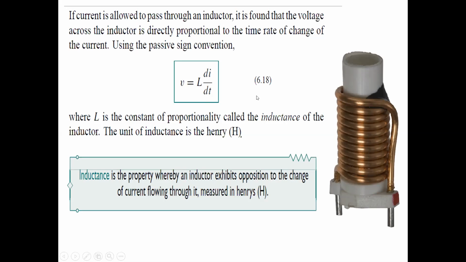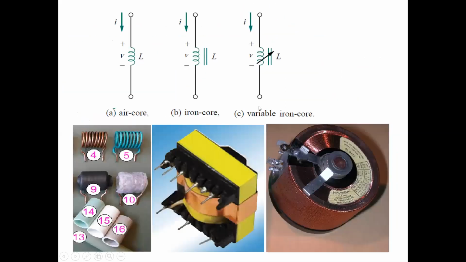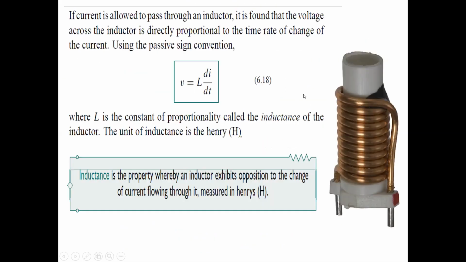Again, I summarize this. Let's say the current flowing through the inductor is 2 milliampere, and suddenly you want to increase it. Let me use a drawing board.